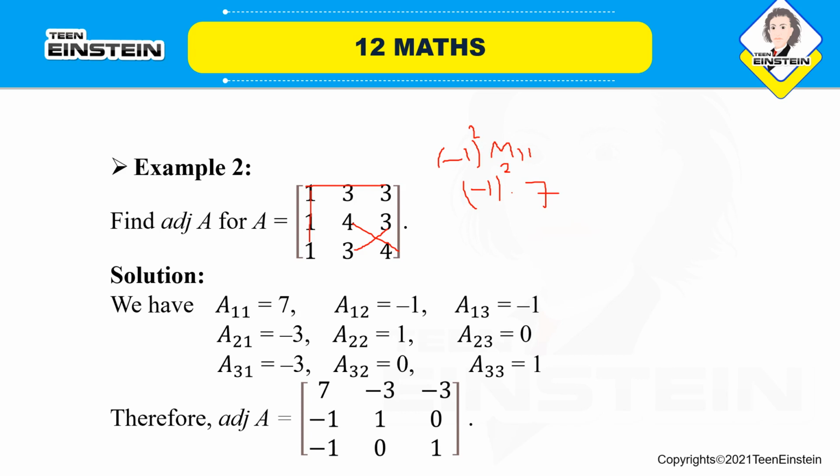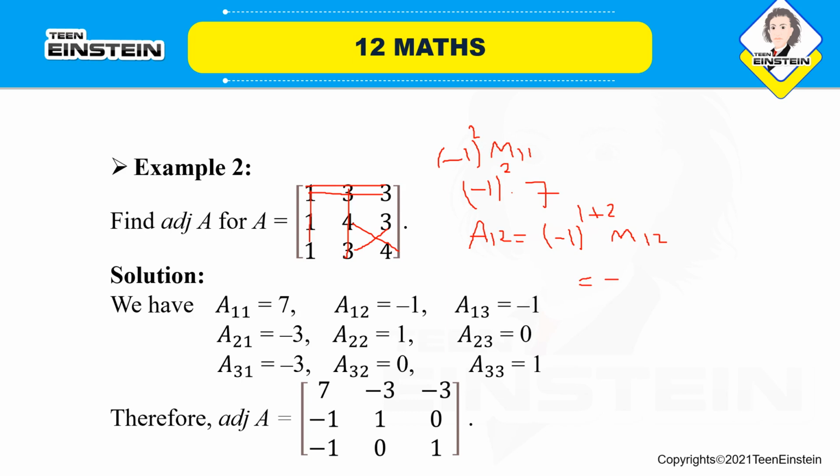Next, cofactor of small a12. In small a12 position I have the element 3, so delete the row and the column having the element 3. Okay, so by definition capital A12 is minus 1 whole to the power 1 plus 2 into the corresponding minor M12, right? So this is minus 1 cube.